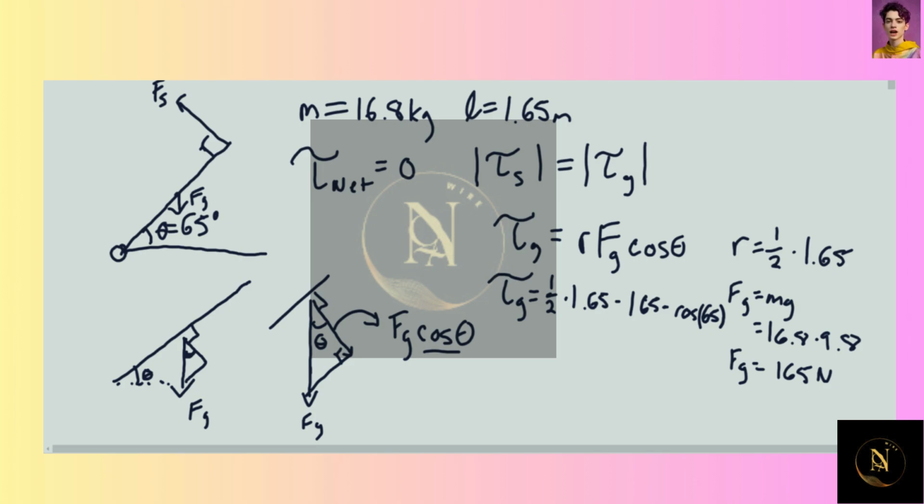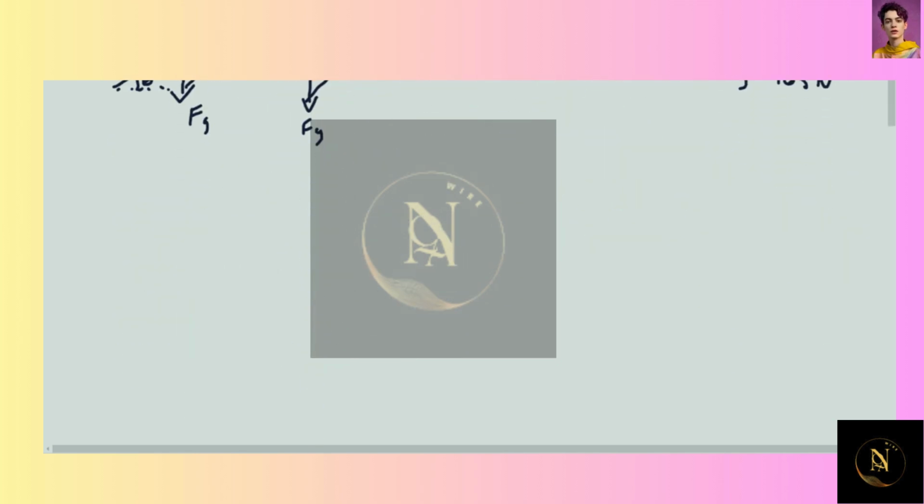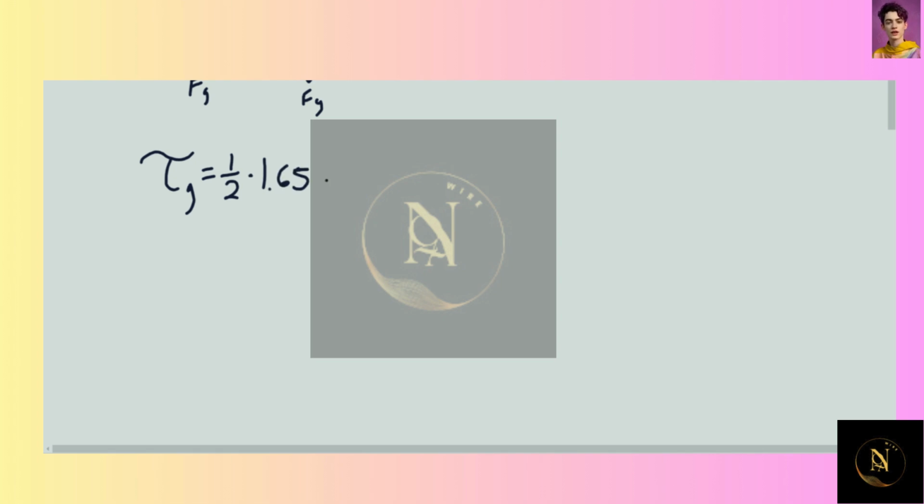So I'm going to scroll down a little bit and just rewrite that so it's a little bit neater. Torque due to gravity is equal to 1/2 times 1.65 meters, that's our lever arm, times 165 newtons, our force of gravity, times cosine 65 degrees.